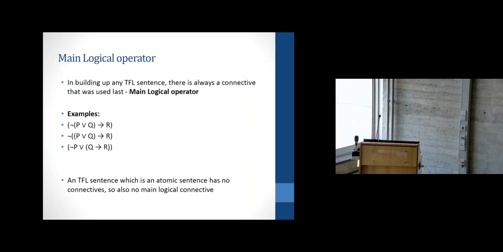Okay. This is not necessary for this course, but I can show you another way to think about it. You can think about it as constructing it as a tree. Each time, you said a disjunction was used here, a disjunction of what parts? The not P and the if Q then R, right? And then how did I construct this? Applying the rule of negation, so I get P. And how did I get this?